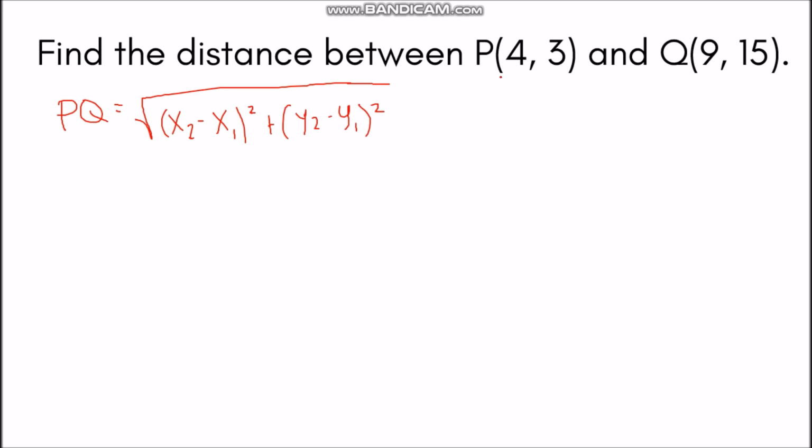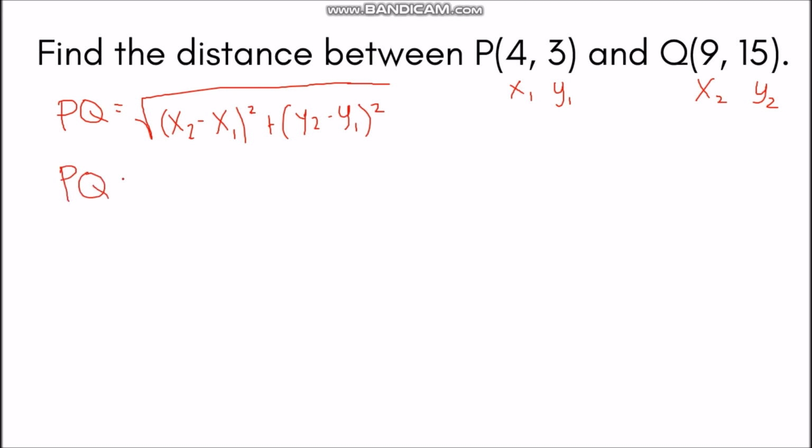Now we have to identify which will be point 1 and which will be point 2. Let's just have P as our first point, so x sub 1, y sub 1. Then Q will be our second point, so x sub 2, y sub 2. Then all you have to do now is to substitute the values.